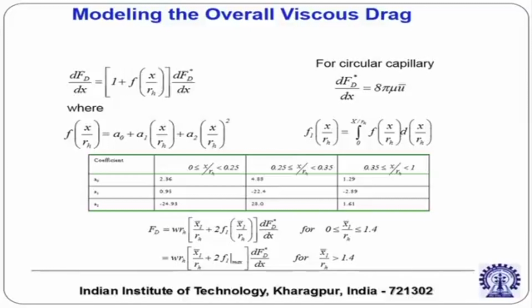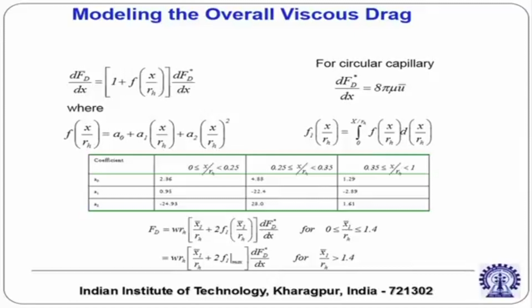Doing numerical simulations for the cases where all three regimes are present, the result can be suitably normalized in this particular form, where the axial gradient of the drag force is equal to a factor, greater than 1, times the gradient of the drag force for a fully developed flow. And the question is, how do you calculate the gradient of drag force for a fully developed flow?